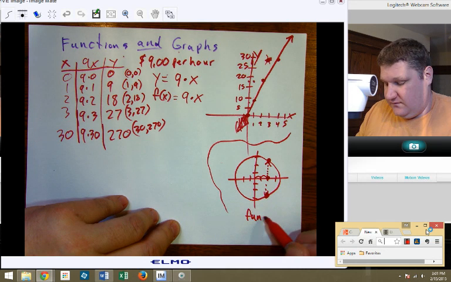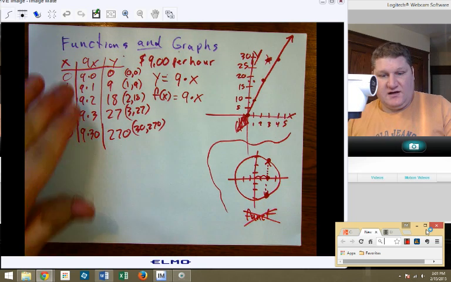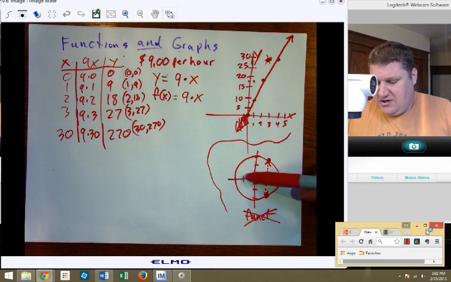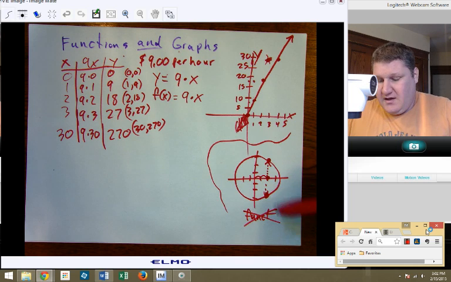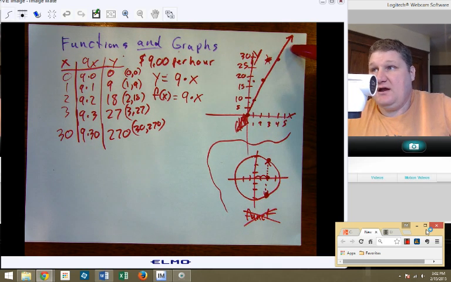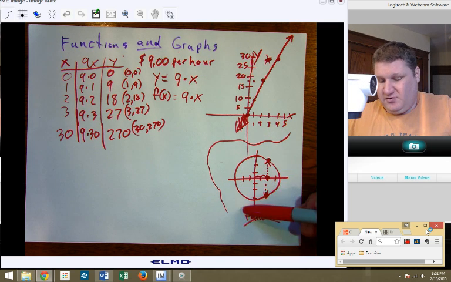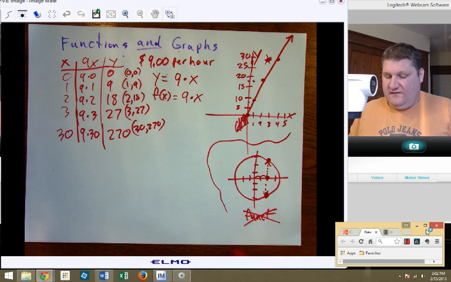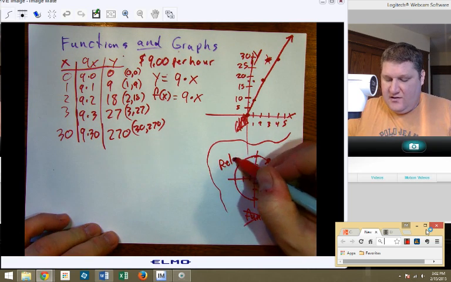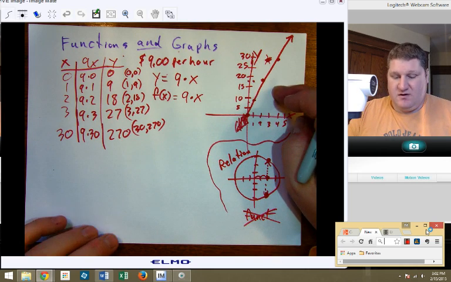This fails as a function because even though I can graph it, I'm not sure where the points are. In this case, if I go over, I know I'm going here. In this case, I know I'm going here. But over here, could be down, could be up. Don't know which way to go. So this is not a function. This is just a relation. This is a function because I know exactly where to go.